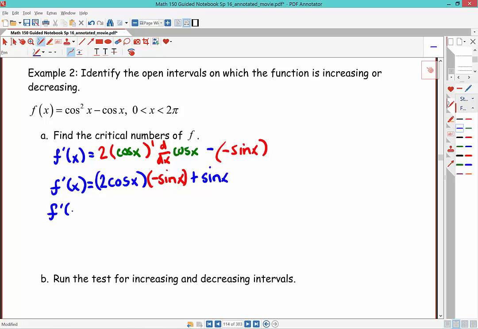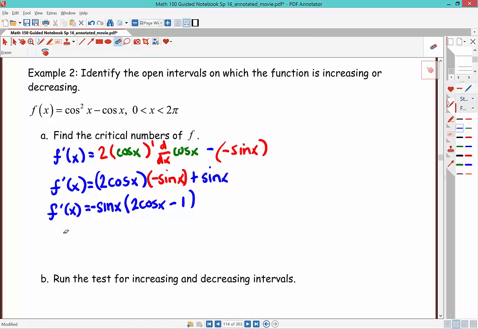So we'll get f prime at x is equal to, so I'm going to go ahead and factor out a sine at x. Actually, I could do a negative sine at x, and then we'll have 2 times cosine at x minus 1. So we'll get negative sine.